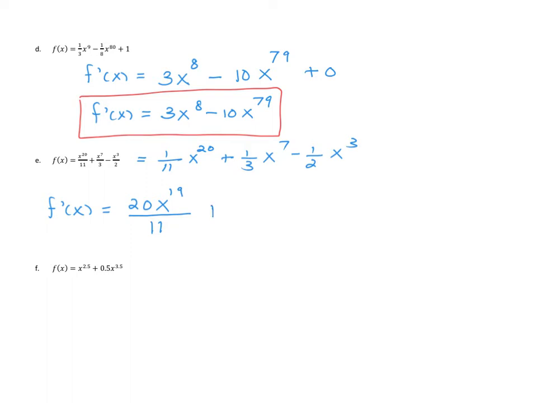So moving on, if we take the derivative of this part, you'd bring the 7 down front, copy down the x, and subtract 1 from the exponent, and this whole thing is divided by 3. And the last piece will be bring the 3 down front, copy down the x, subtract 1 from the exponent, and divide the whole thing by 2. This is the answer to part E.